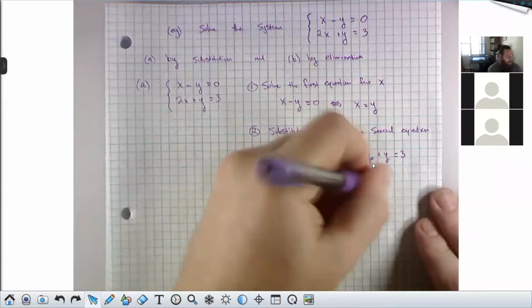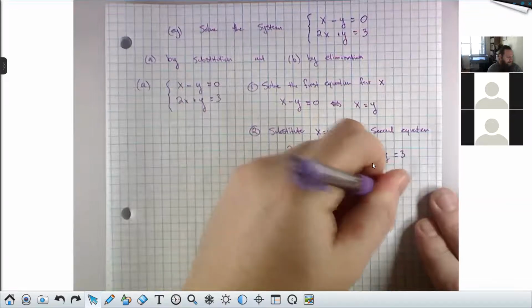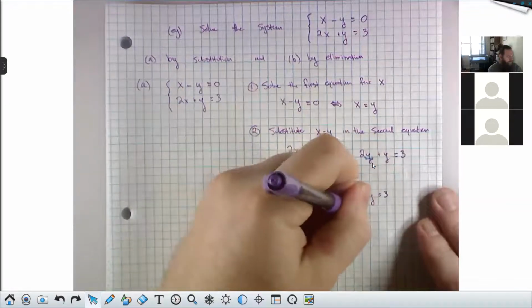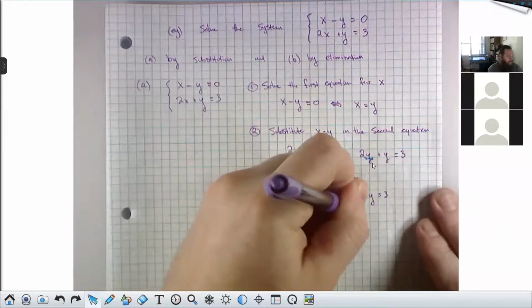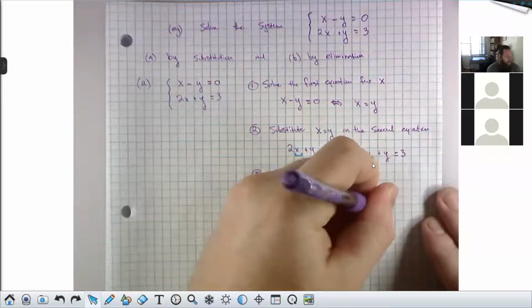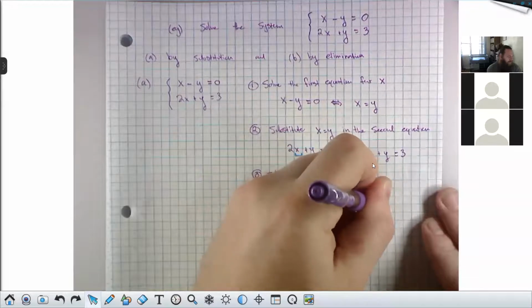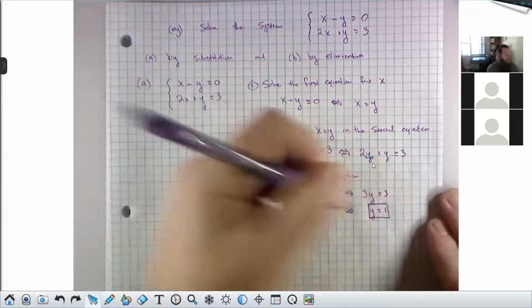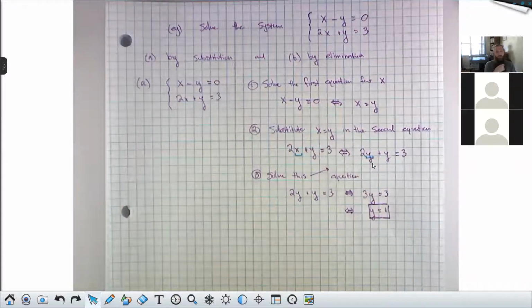That's the same as saying 3y equals 3, because 2y plus y is 3y. And then dividing both sides by 3, that's the same as saying y is equal to 1. So I get the first part of my solution here. I know that whatever the solution to the system is, the y value must be 1.